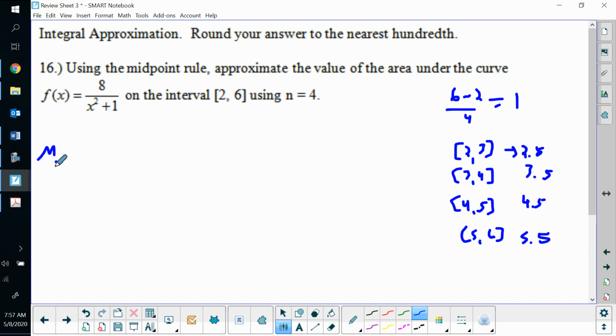So we've got M4, because it's midpoint with 4 intervals. We'd always put our width out front, because it's a base times the height for the rectangle, really. The base will always be 1, and the height is just the y value with our midpoint subbed in. So we have 8 over 2.5 squared plus 1, plus 8 over 3.5 squared plus 1, and do that for each of the 4.